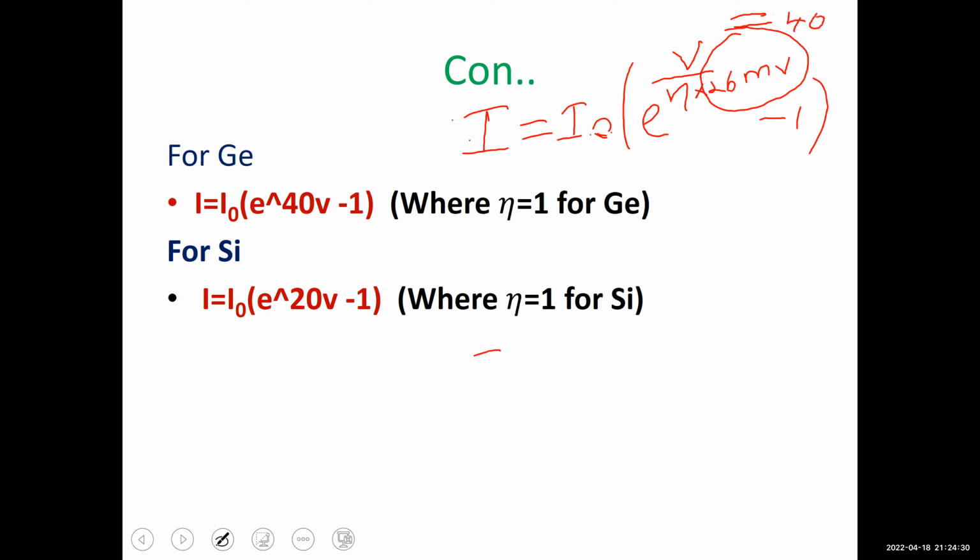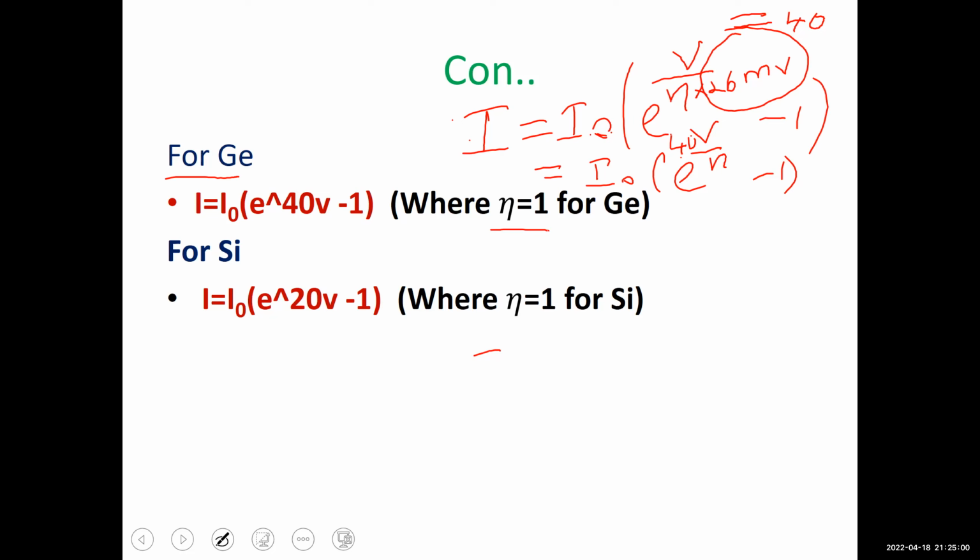So I is equal to I naught e power 40V by eta, minus 1. Now for germanium, eta is 1, so it becomes I equal to I naught e power 40V minus 1. And for silicon, the eta value is 2, so 40 divided by 2 becomes e power 20V minus 1. We have obtained this value.